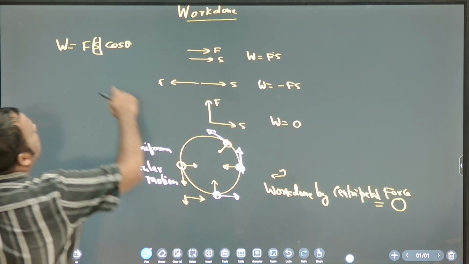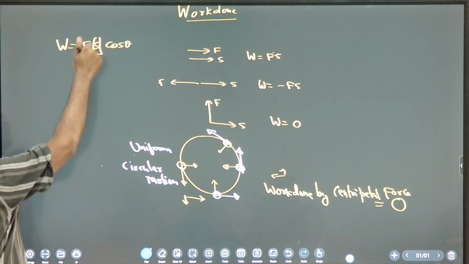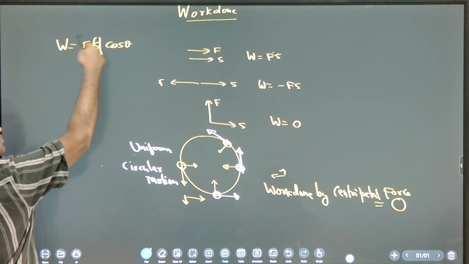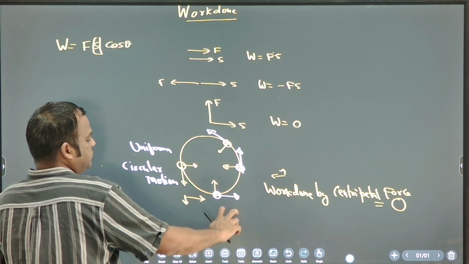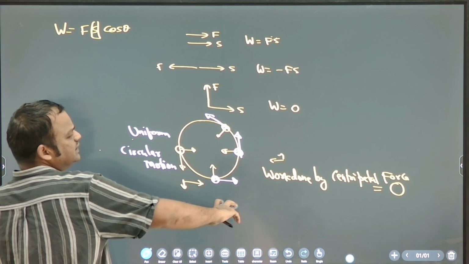Right? Work done formula is Fs cos theta. So when angle is 90, work done is 0.